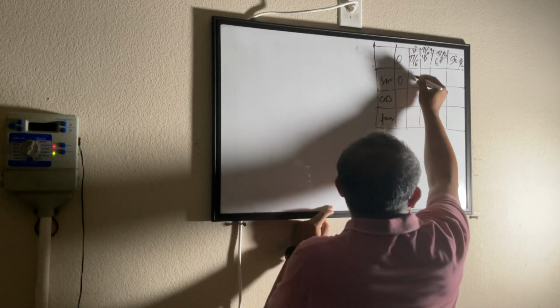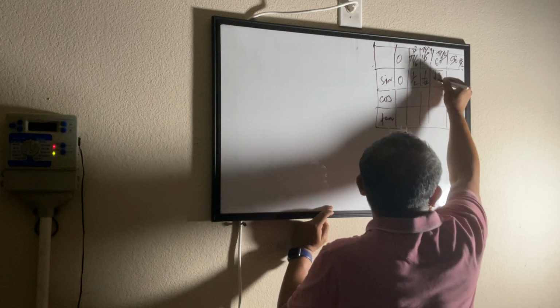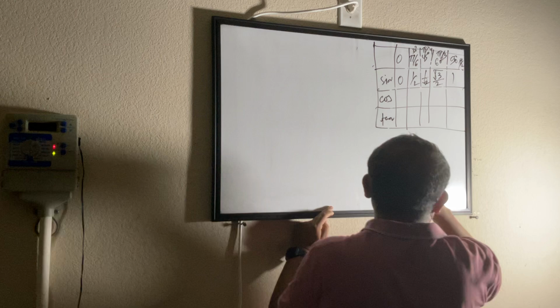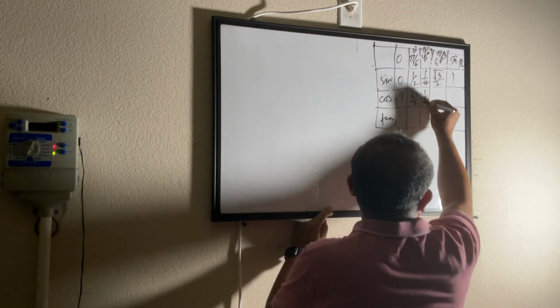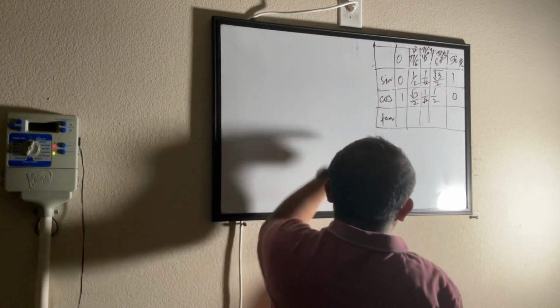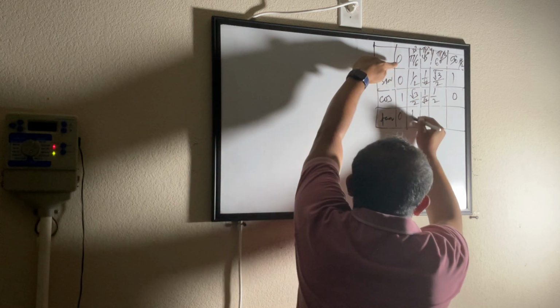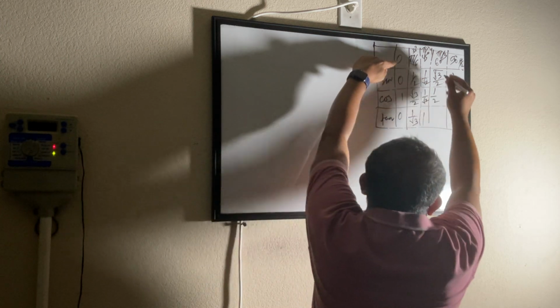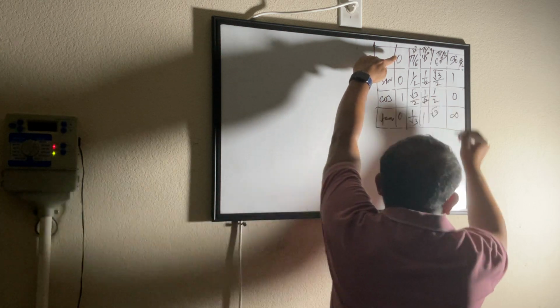Sine 0 is 0, 1 by 2, 1 by root 2, root 3 by 2, 1. Cos is 1, root 3 by 2, 1 by root 2, 1 by 2, 0. And sine by cos is tan, so this is 0 by 1 is 0, 1 by root 3, 1, root 3, infinity.